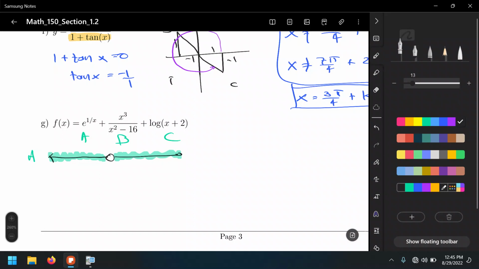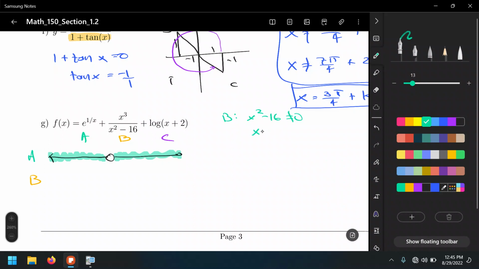Okay, let's look at part B. Actually, let me use different colors for every different function. For part B, individually, it's a rational function, and we don't want the denominator to be 0. So we don't want x squared minus 16 to be 0.